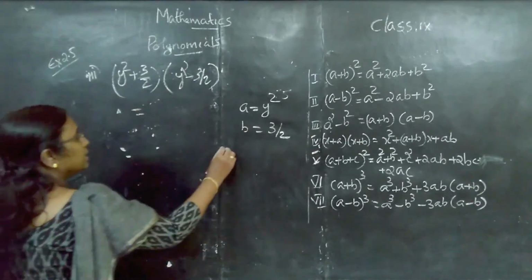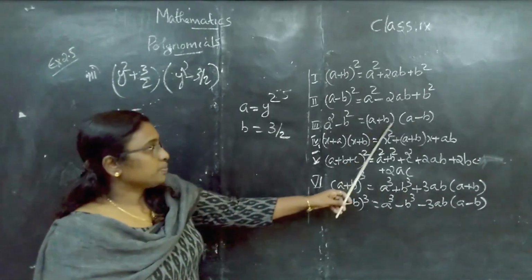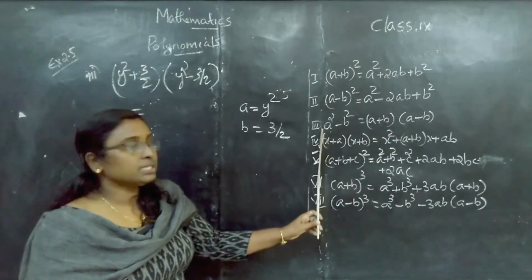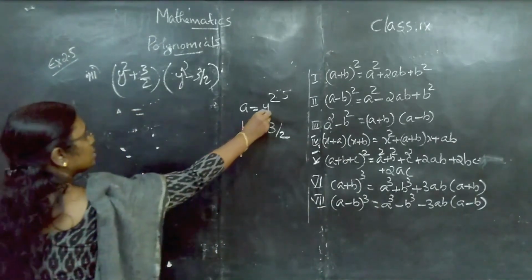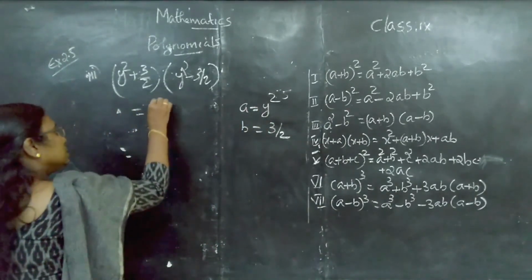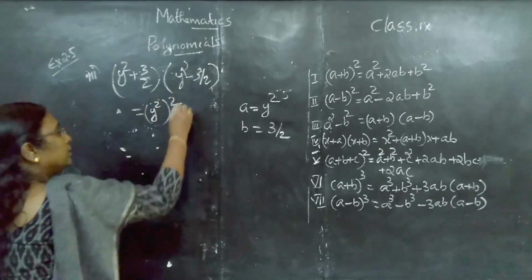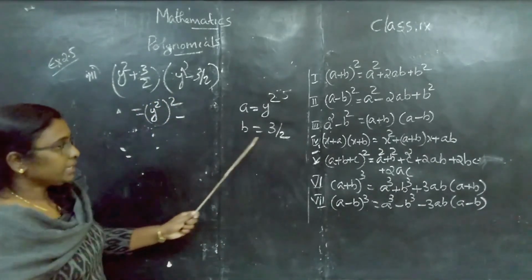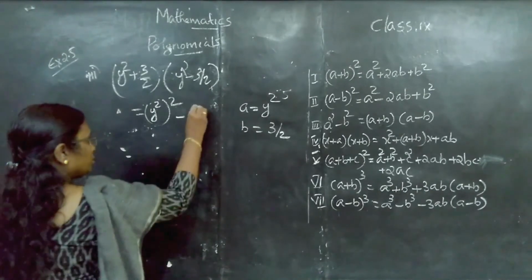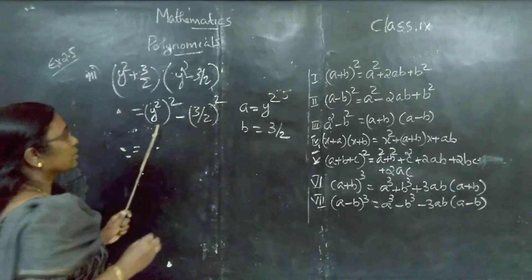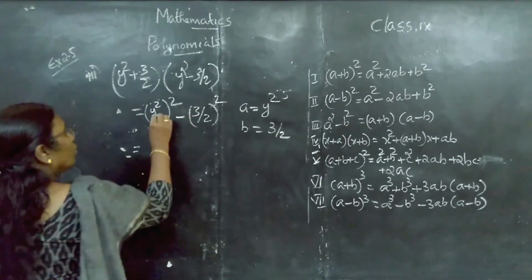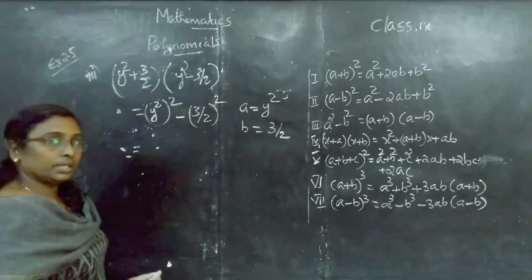So the identity is a plus b into a minus b is a square minus b square. So here it is a square. A is y square. A square is y square the whole square minus b square. B is 3 by 2. So 3 by 2 the whole square. What is y square the whole square?